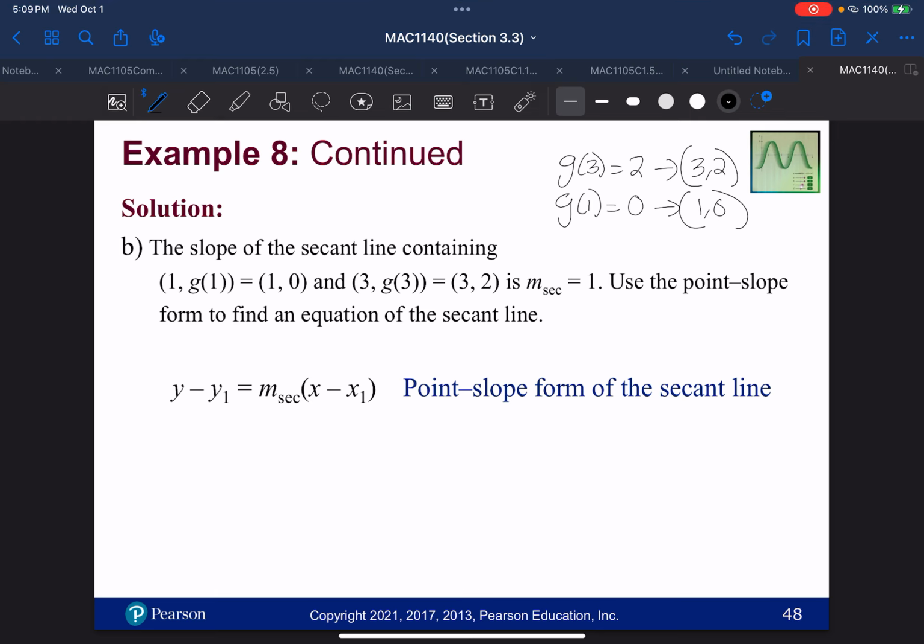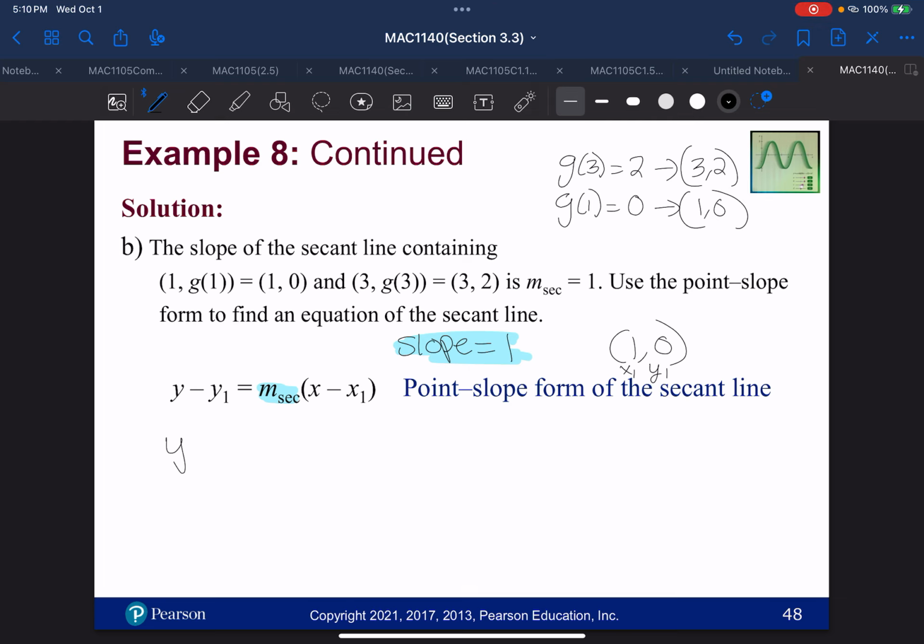So if I have a slope, which I know is equal to 1 because of what I just did on the previous slide, and then I have these 2 points, then I can create an equation of this line. I'm going to choose one of these points, and I'll choose 1 comma 0 because it's easier to work with. Plugging it into the point slope form, this notation is just saying the slope of the secant line, which is 1, and the y1, x1 will be the point on this line.